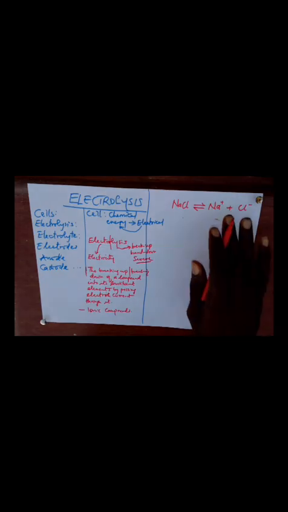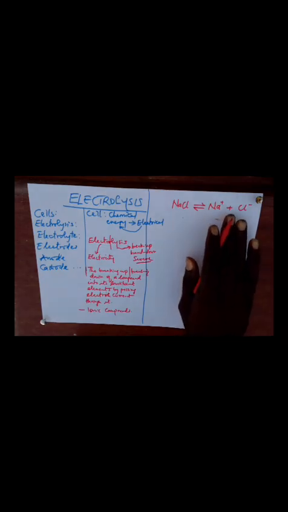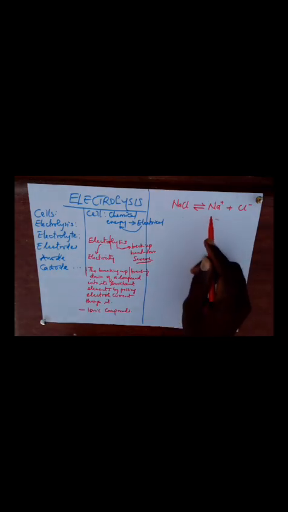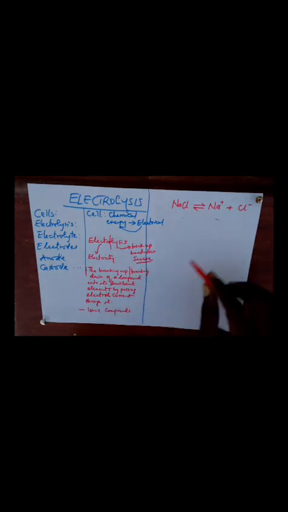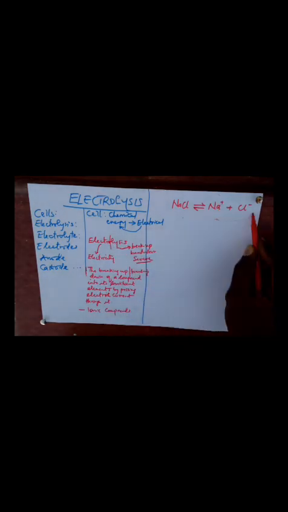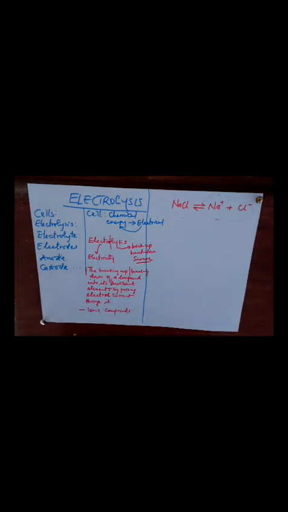In electrolysis, when molten sodium chloride is involved, we are expecting to get back sodium as an element and chlorine as a gas. That's what electrolysis does.